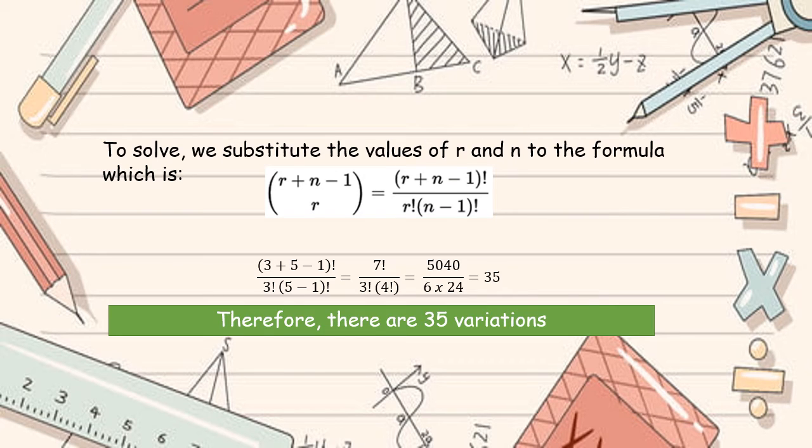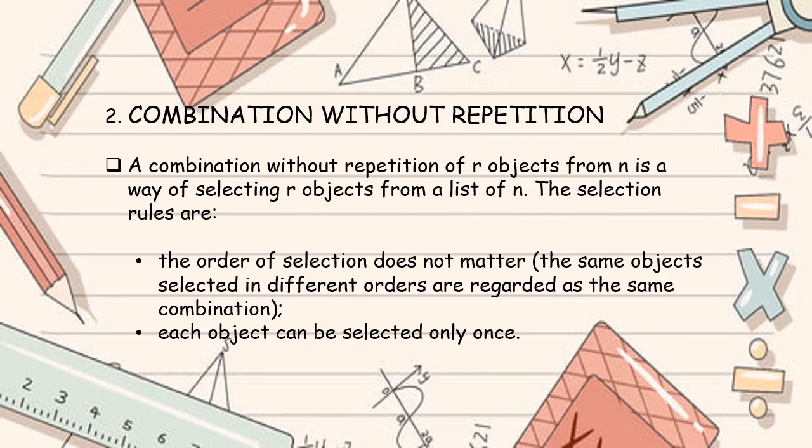To solve, we substitute the values of r and n to the formula, which is the quantity of 3 plus 5 minus 1 factorial over 3 factorial times the quantity of 5 minus 1 factorial, which is equal to 7 factorial over 3 factorial times 4 factorial, which is equal to 35. So therefore, there are 35 variations.